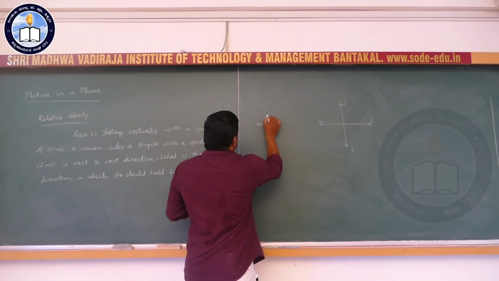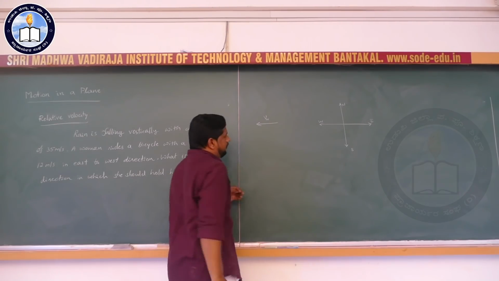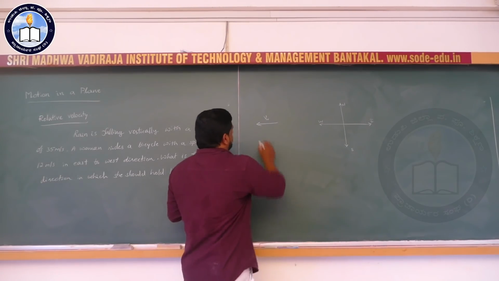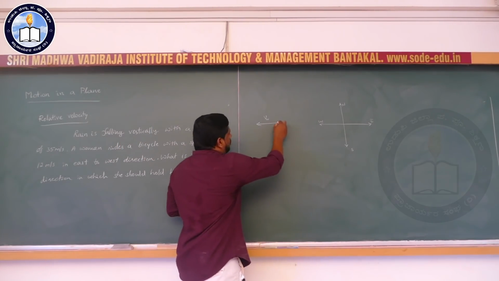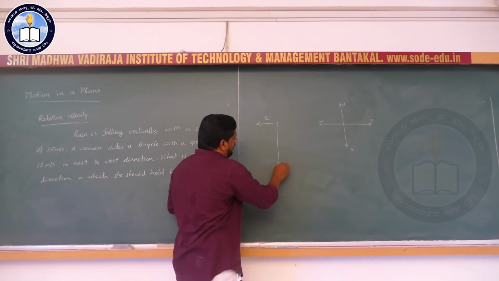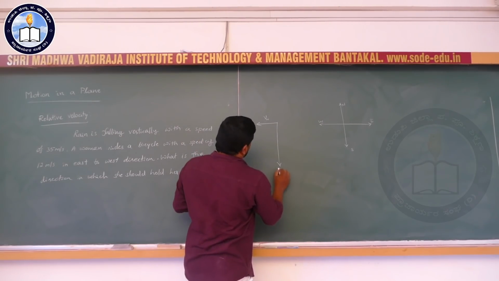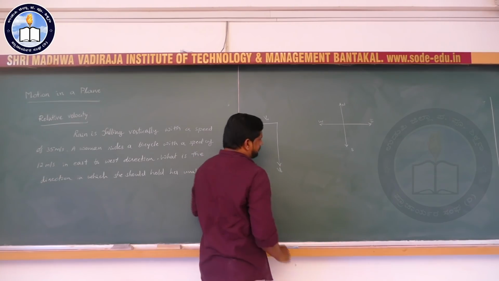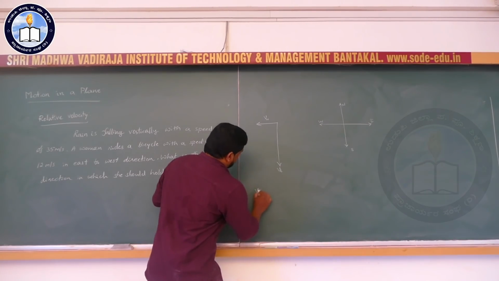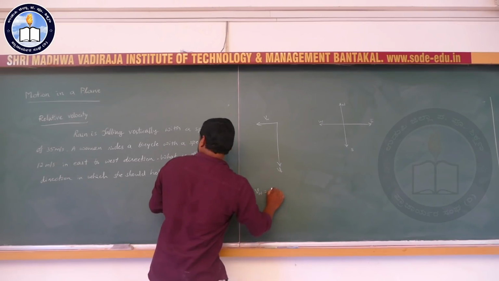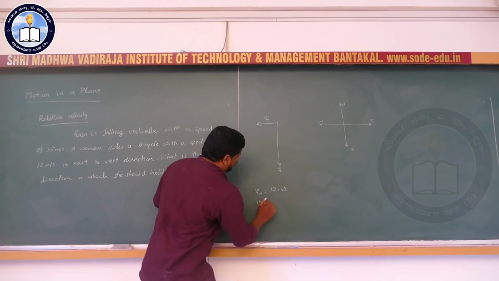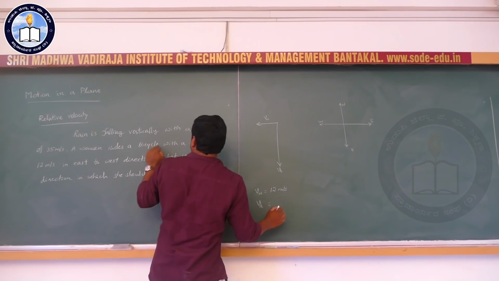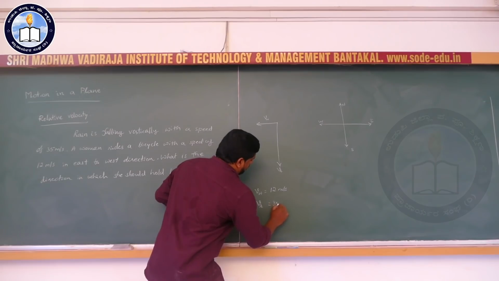Let this be the velocity of the woman, VW, and rain is falling vertically downwards. Let me take this as VR. Given that VW is equal to 12 meter per second, whereas VR is equal to 35 meter per second.